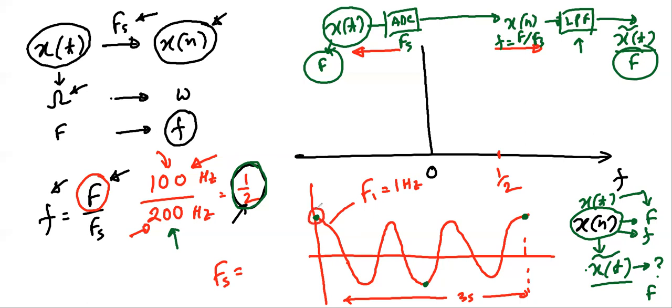We have this sample, and this sample. What is the value of Fs in that case? In 3 seconds, how many samples do you have?